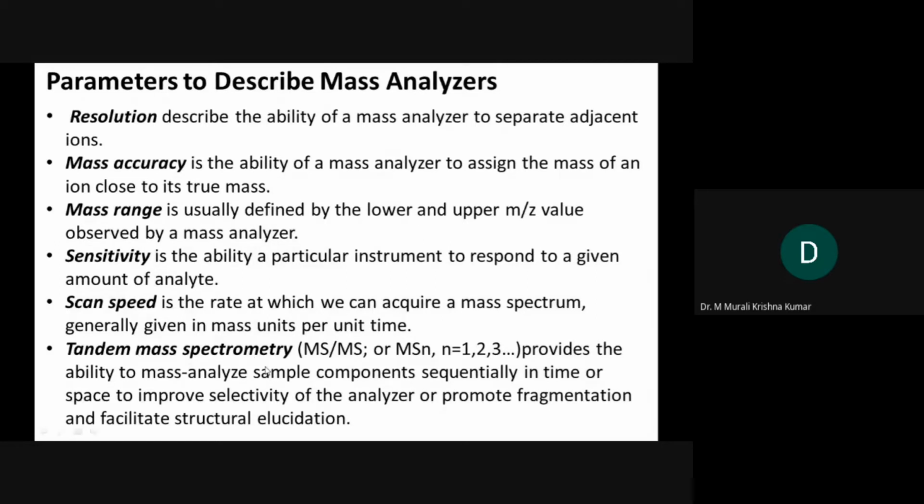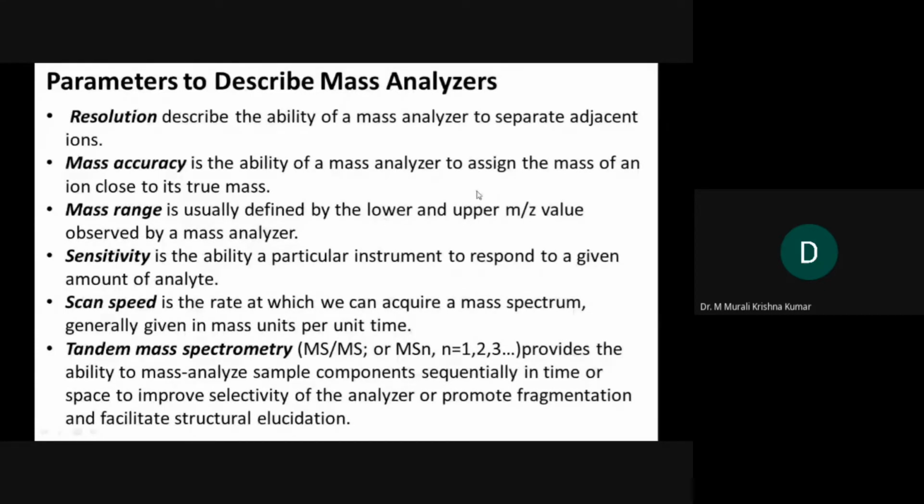For example, we have the triple quadrupole, where a quadrupole can be integrated to another quadrupole through some kind of technical facilitation, where energy is again provided to the ion so that it will further degrade. So that type of scanning is possible. Similarly, in QTOF, a quadrupole can be connected to a time of flight analyzer.